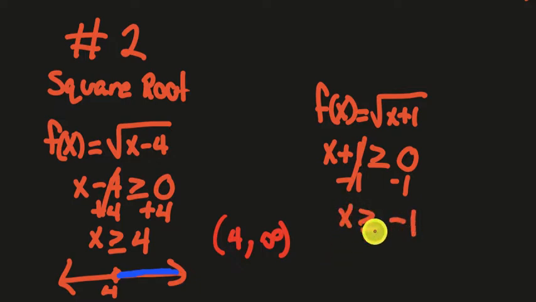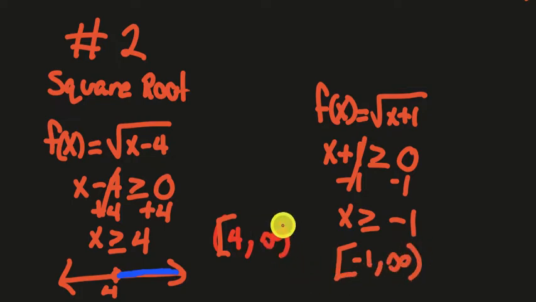Since x is greater than or equal to negative 1, we're going to use a bracket, which we should have used here for 4, from negative 1 to infinity. Infinity will always have a parenthesis. And if you have a number that's greater than or equal to, that's going to get a bracket because it is including negative 1. And this other example is including positive 4.